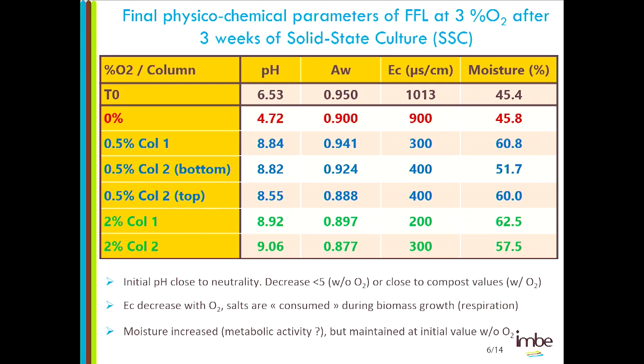At 0% oxygen, in anaerobic conditions, the pH decreases, the electroconductivity decreases a little bit, and the moisture remains constant. In the conditions with oxygen, the pH increases, we are in the conditions of composting.